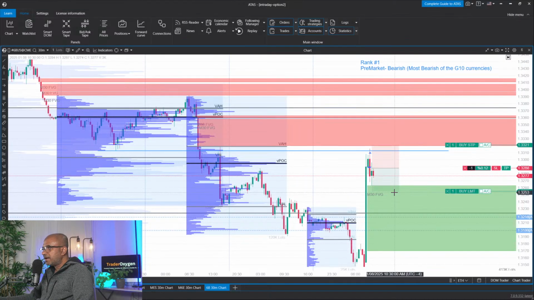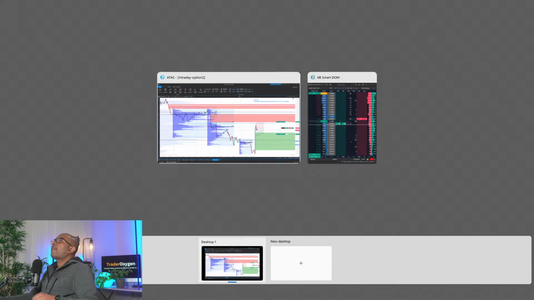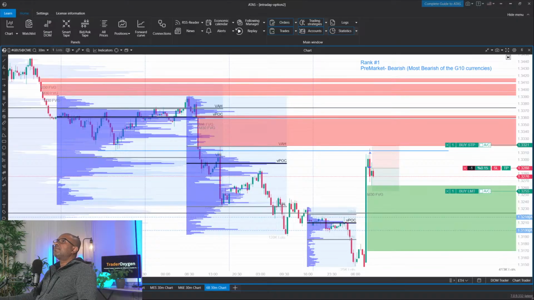But since we have a bit larger stop loss, we were targeting 1-to-1, as I said earlier. That is why we were waiting till the price reached at least 1-to-1. Otherwise, in a normal scenario, this is already a winning trade because the price almost went down. Okay, let's see what's happening.